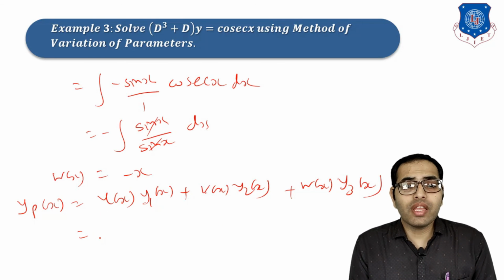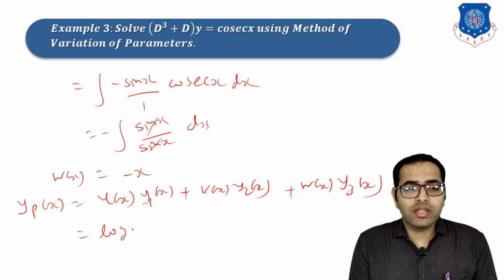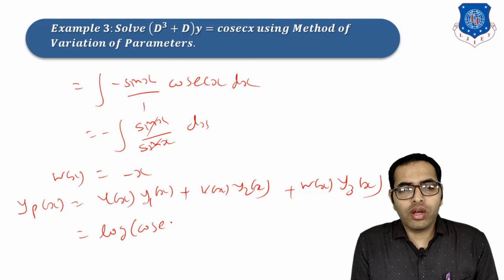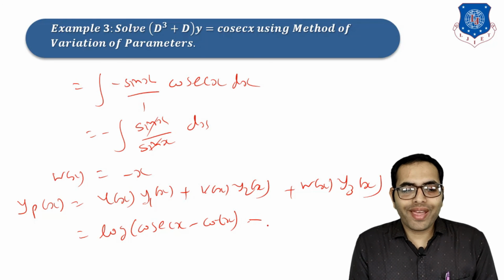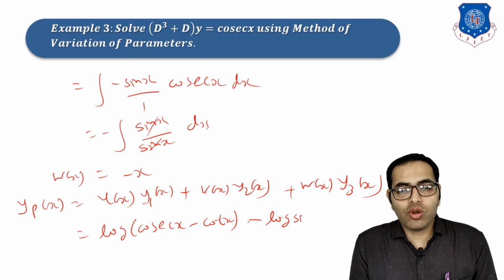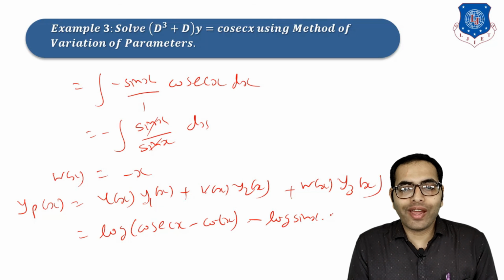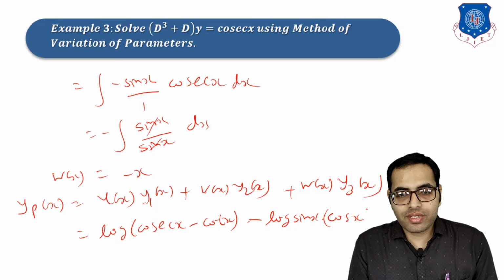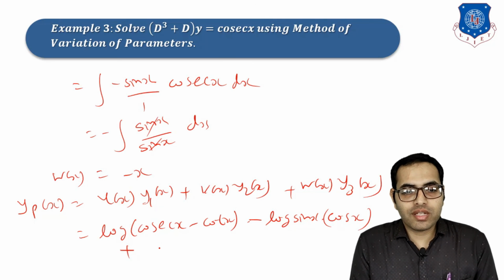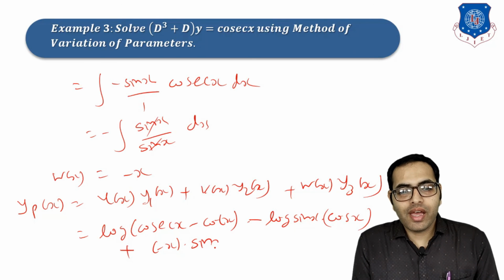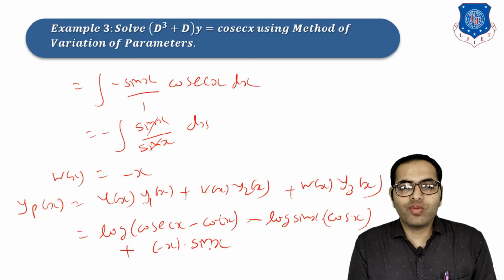See, u of x which is log mod cosec x minus cot x, y1 of x that is 1, v of x which is minus log sin x into y2 which is cos x plus w of x which is minus x and y3 of x which is sin x.